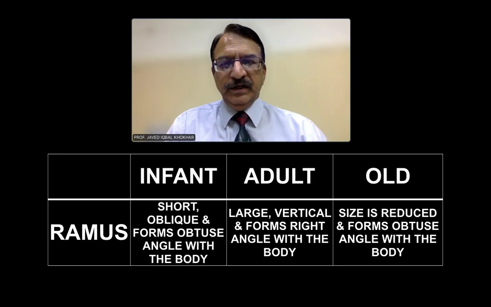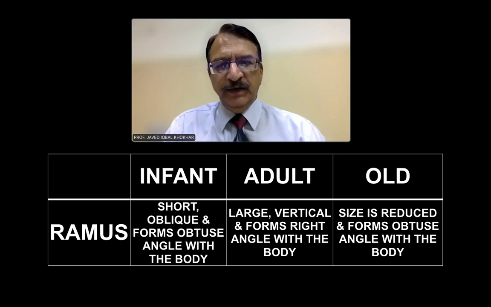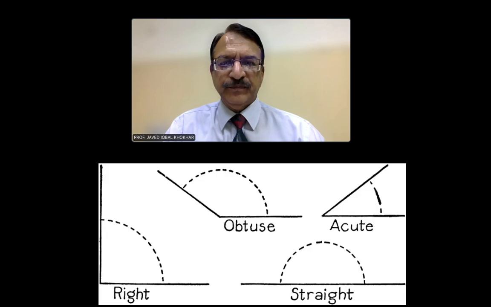Now, the ramus in infant is short, oblique, and forms an obtuse angle with the body, whereas in adults it is large, vertical, and forms a right angle with the body. But in old age the size is reduced and it forms an obtuse angle with the body. These are various angles which have been shown: the right angle, the straight, obtuse, and the acute angle.